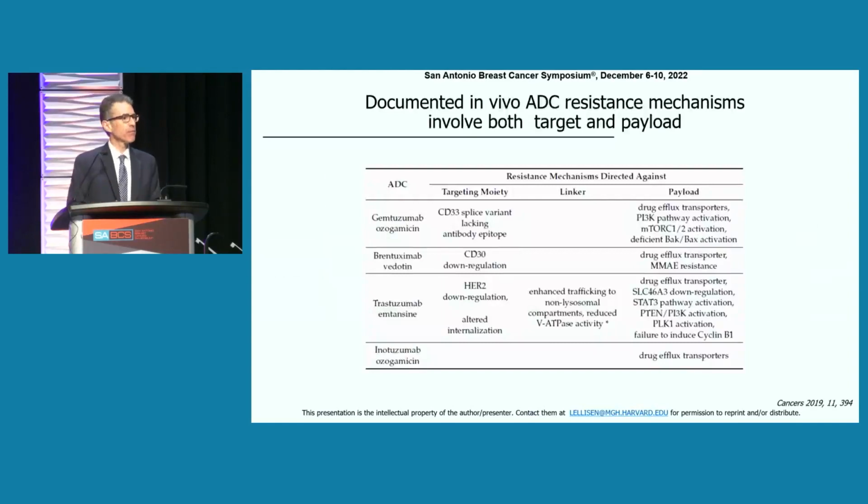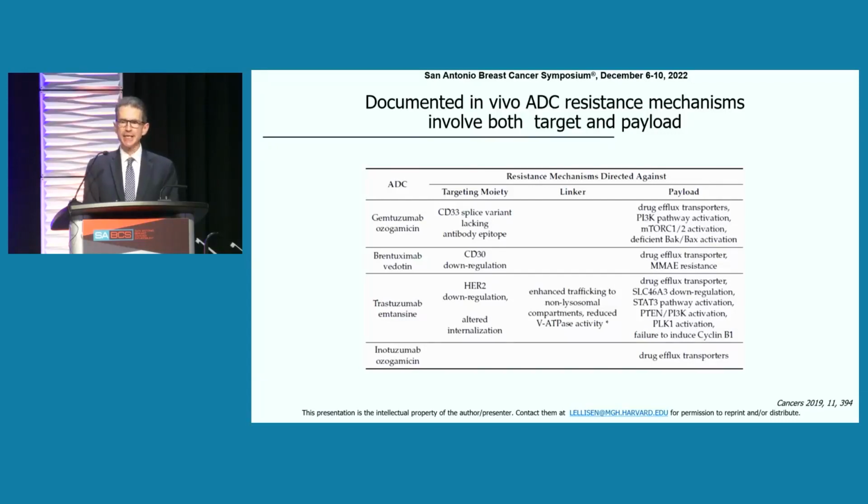Here's some examples from the literature on in vivo resistance mechanisms to ADC. So we have the CD33 targeted ADC for AML. One of the most fascinating mechanisms of resistance is actually a single nucleotide polymorphism which essentially deletes the epitope for the ADC, and it's been shown that that really is quite an important in vivo mechanism of resistance to this drug.